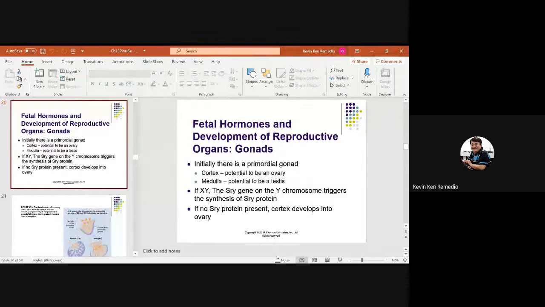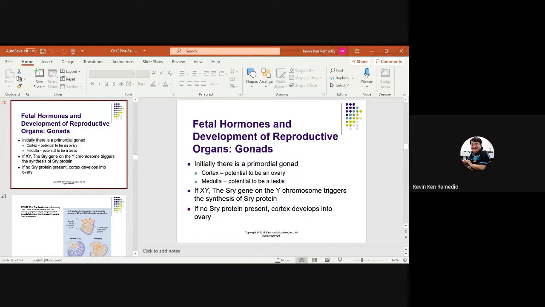All right. So fetal hormones and the development of reproductive organs or the gonads. So at first, there is a primordial gonad. Okay, primordial gonad. It's like a single gonad. So the primordial gonad, the cortex of the primordial gonad has a potential to become an ovary, while the medulla of the primordial gonad has the potential to be a testis.